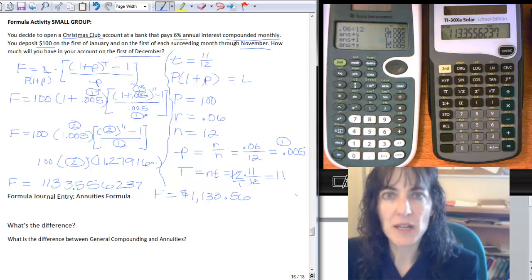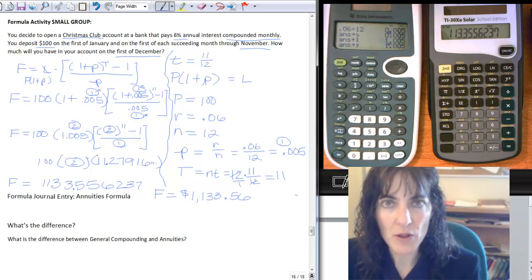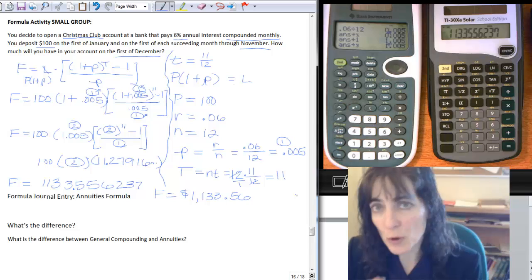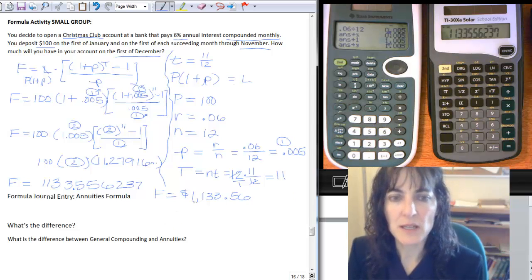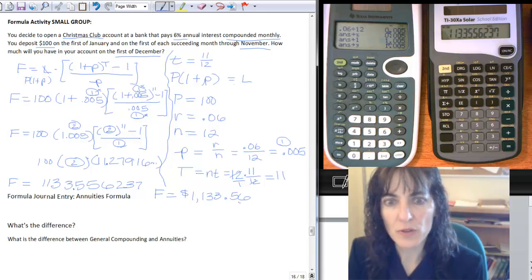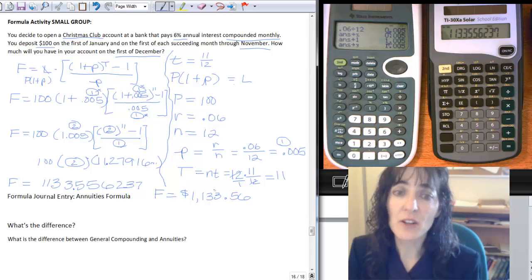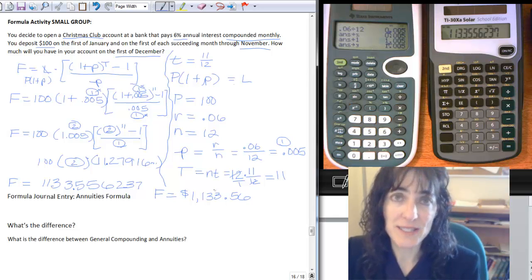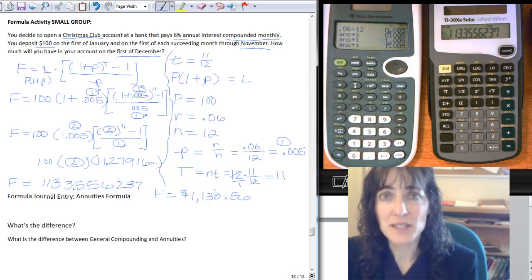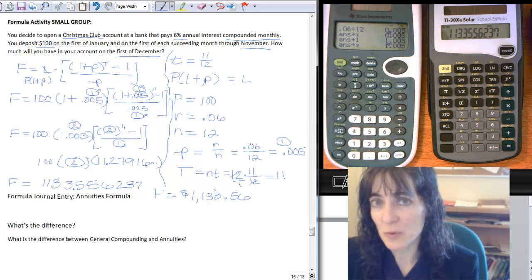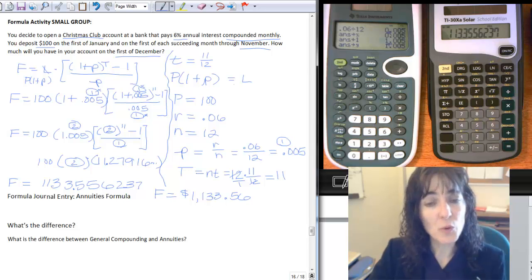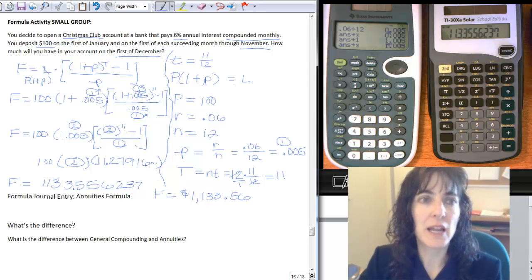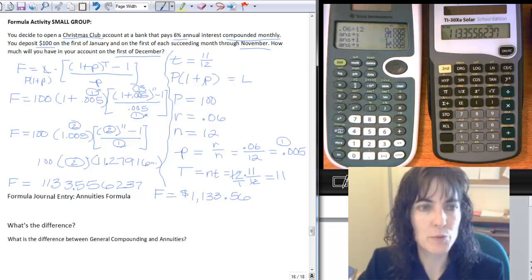So if I deposit $100 every month for 11 months and I'm earning interest on my deposits, including my last deposit, I will have $1,133.56. And so I've gained like $133.56 in interest, because 11 times 100 would be 1,100, so, or $33.56. So quite a bit of money that I gained for just 1 year of depositing.